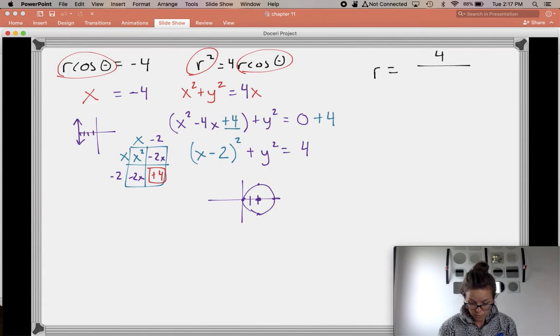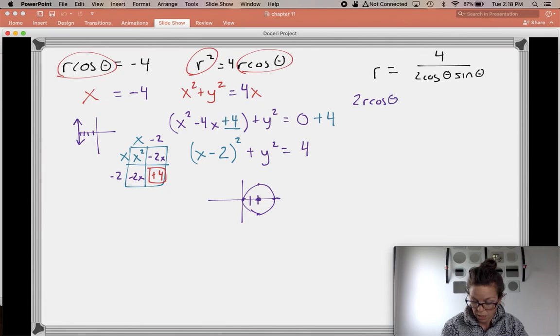One more conversion equation. Let's go with a fraction. Okay, so first thing I'm going to do on this is make it not a fraction, and I'm going to multiply both sides by that denominator. When I do that, I'm also going to distribute the r through. So I'm going to rewrite this as 2r cosine theta... Oh, I think I was supposed to have, oh yeah, oops, sorry about that.